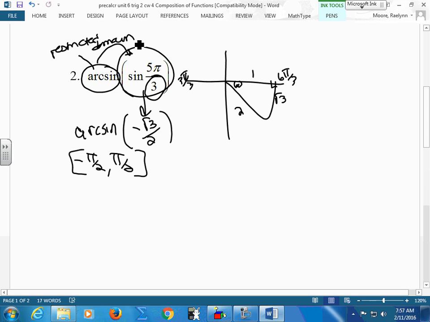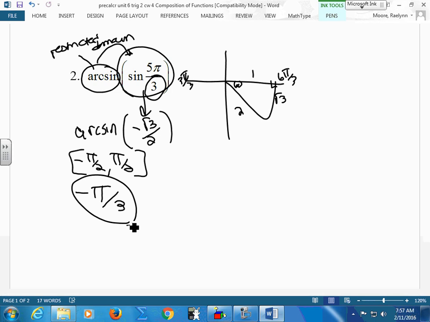It's the same angle, I get it, but how do I name that angle within this domain? You have to say negative 60, and negative pi over 3. Oh, sorry, I didn't know we were doing it in radians. Now, it could have said this.